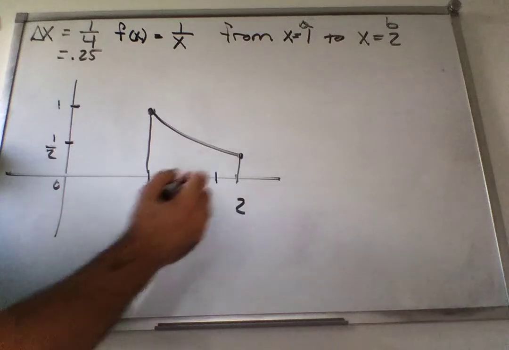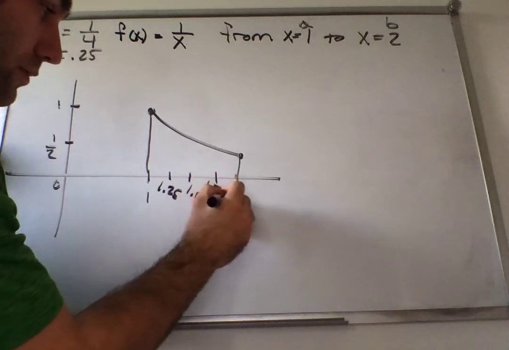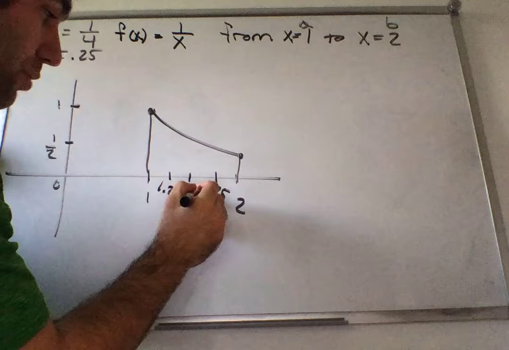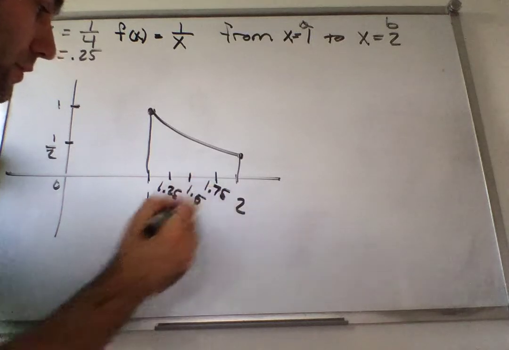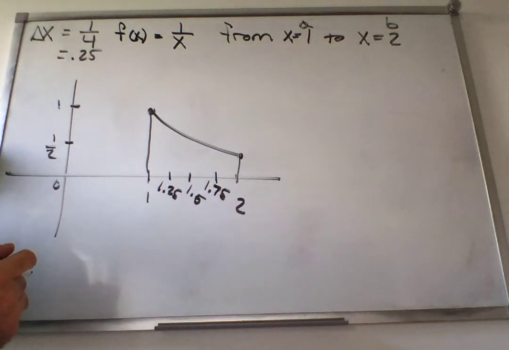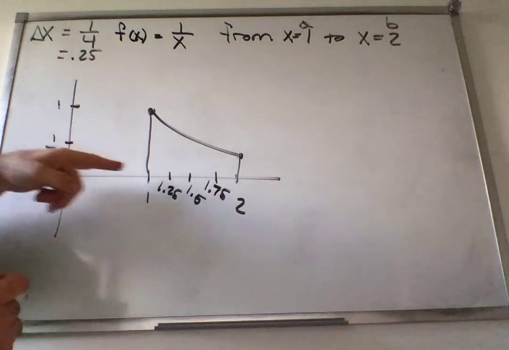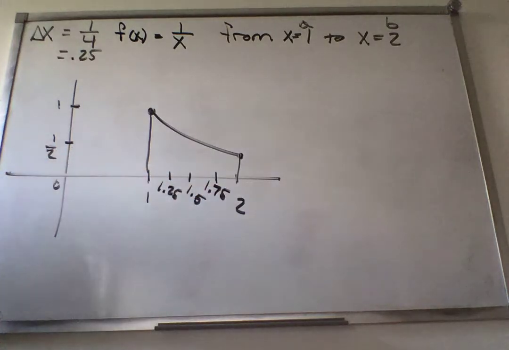Adding another 0.25, you get 1.75. All these numbers are going to end up being the endpoints for our rectangles.